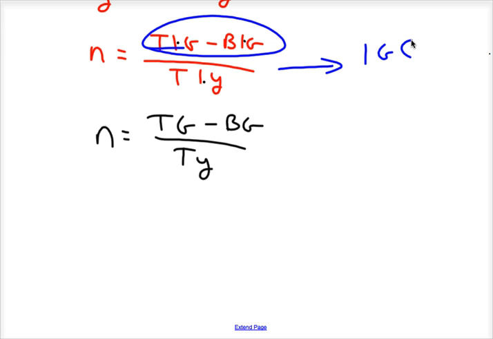IG, and that leaves me with a T minus B all over TIY. And then because IG has got multiply next to it, no add or subtract, and down here, this I has multiplied by it, no add or subtract, you can cancel these I's out. So that's what we're really doing when we're saying you can take a letter out of each and every term.